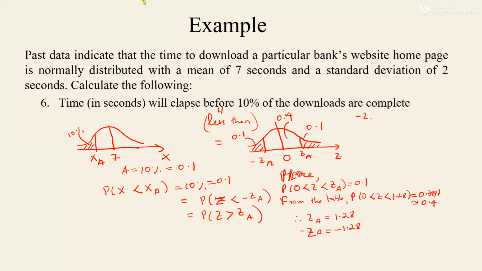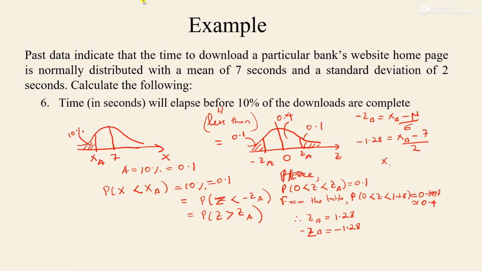Minus ZA is equal to (XA minus mu) over sigma. Minus 1.28 equals (XA minus 7) over 2.